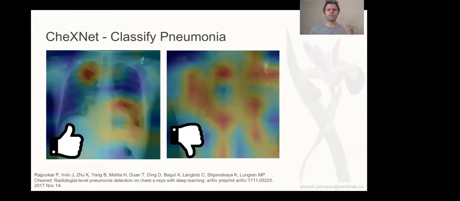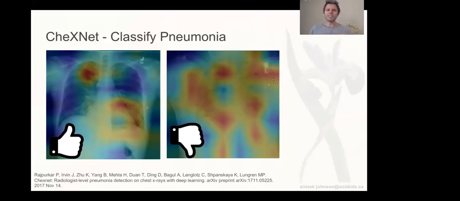However, when you looked at some of the saliency maps, so where the algorithm is driving a lot of the predictions for pneumonia, in some cases it was very good. If you look at the image with the thumbs up, this was identifying opacities in the lung, which are associated with pneumonia, and there were multifocal opacities in multiple places. So it was great. It was identifying regions that a radiologist would identify to come up with the diagnosis of pneumonia.